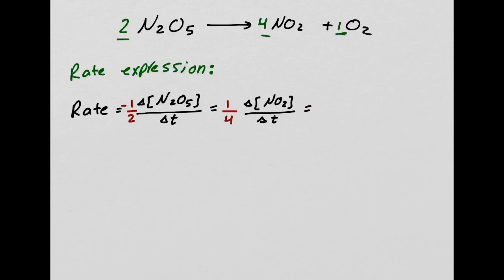Now we have another product, and that is O2. I can write the rate expression for any of those. It would be the change of concentration of O2 over delta T, and the mole ratio is just 1. 1 over 1 is just 1. Okay?